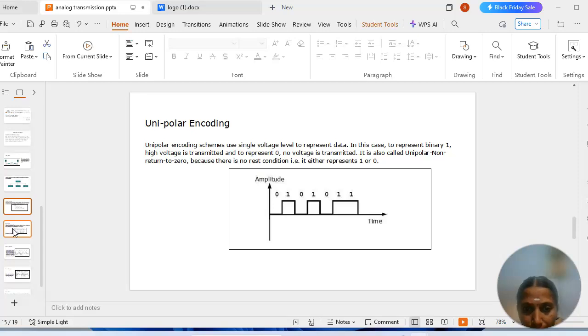And zero is represented by no voltage transmitted, at the value 0. So it is also called unipolar non-return to zero. There is no rest condition, one and zero are on only one side, so it is a unipolar encoding.